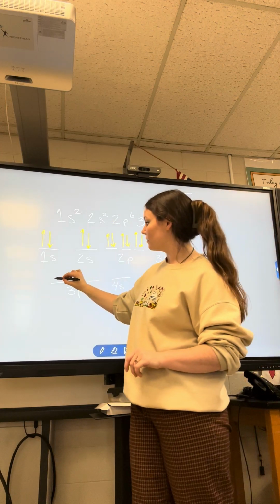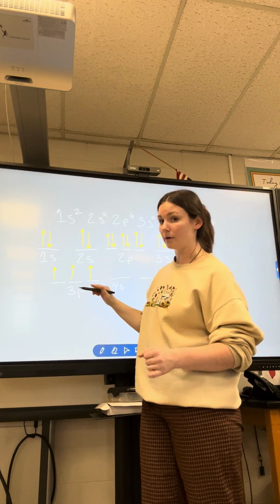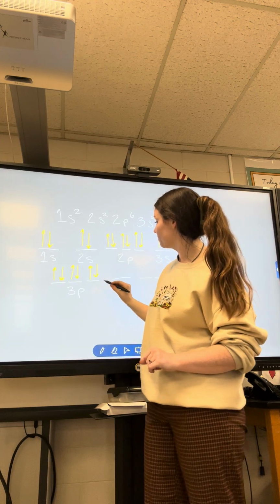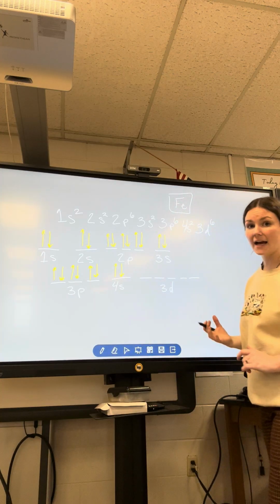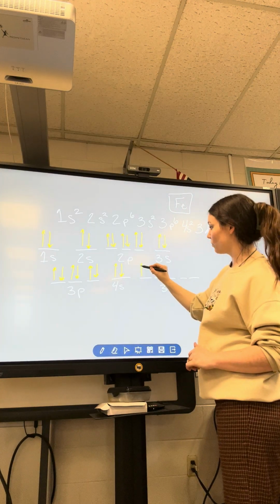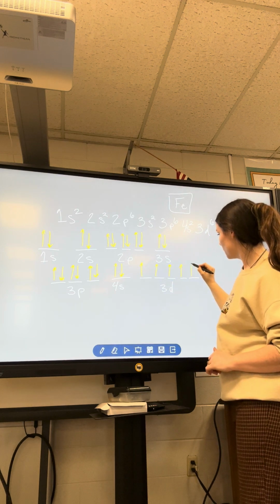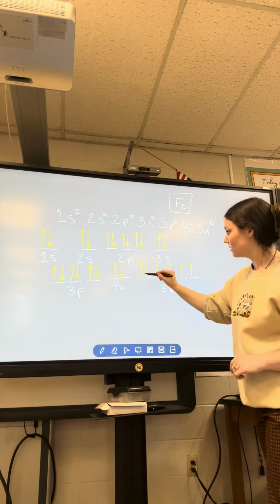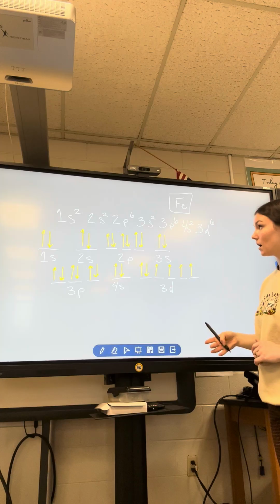For 3p, fill it in again, up, up, up. I still got 3 more, so down, down, down. 4s. Now for 3d, we have 6, so we're going to go 1, 2, 3, 4, 5, and then that last electron gets paired up here, just like that. So that would be the electron configuration of iron.